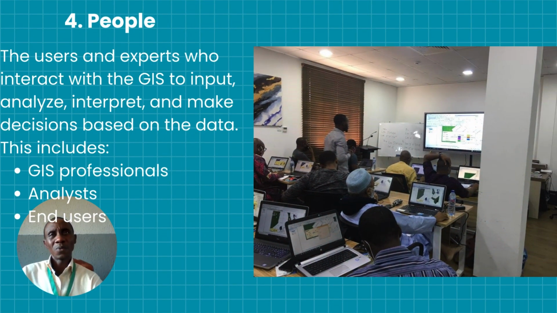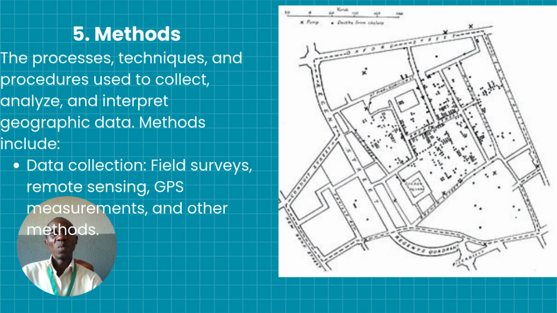Then you also have the people, of course. All these are managed by people and they are effectively the users of GIS. So it's a very important component of GIS. The users and experts interact with GIS to input the data and make decisions based on the data we have. And we also have the methods, which refers to the processes, techniques, and procedures used to collect data.